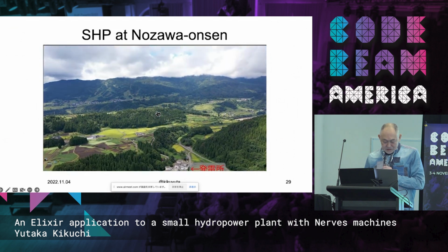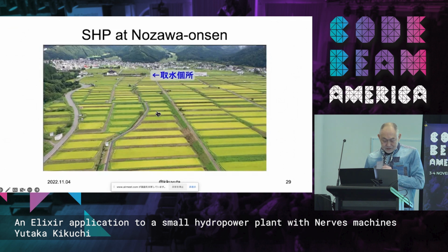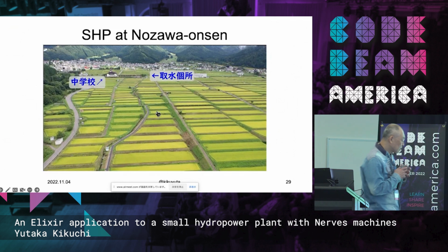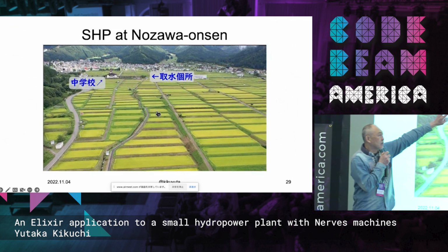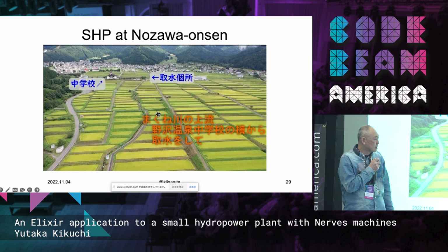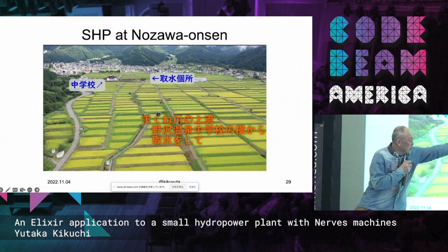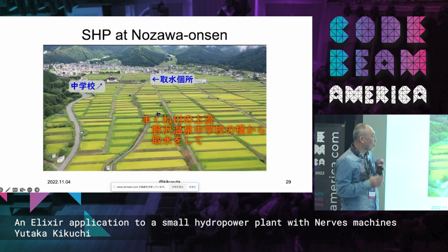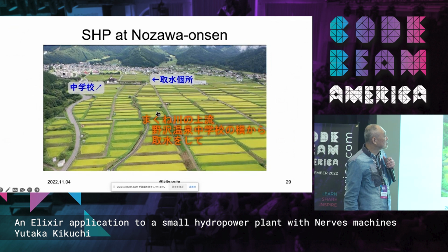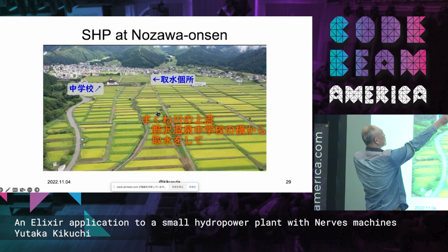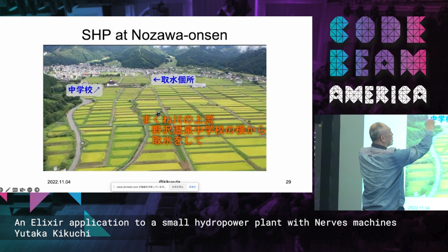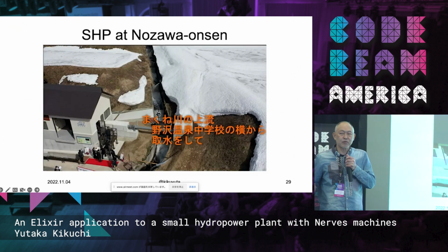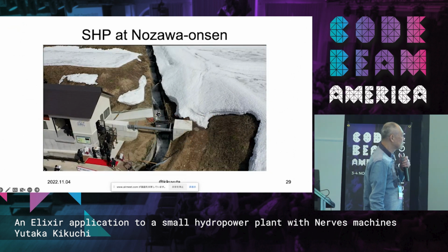Sorry for the Japanese. It's the intake. Here is a junior high school. And here is a canal for agriculture. Over there, a ski place, and there are many public baths from natural resources.